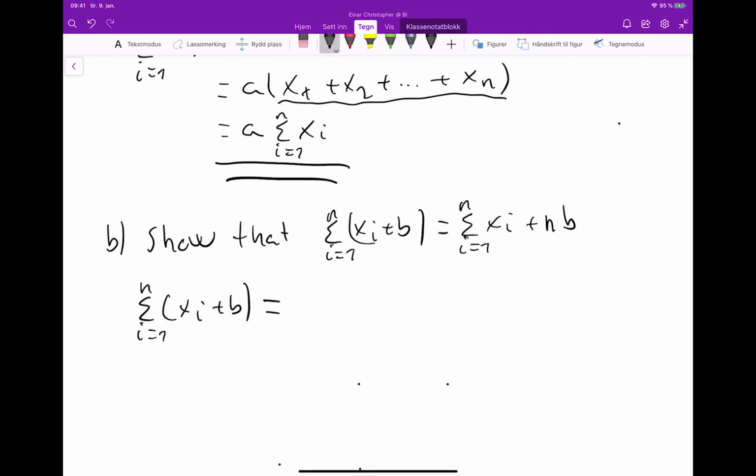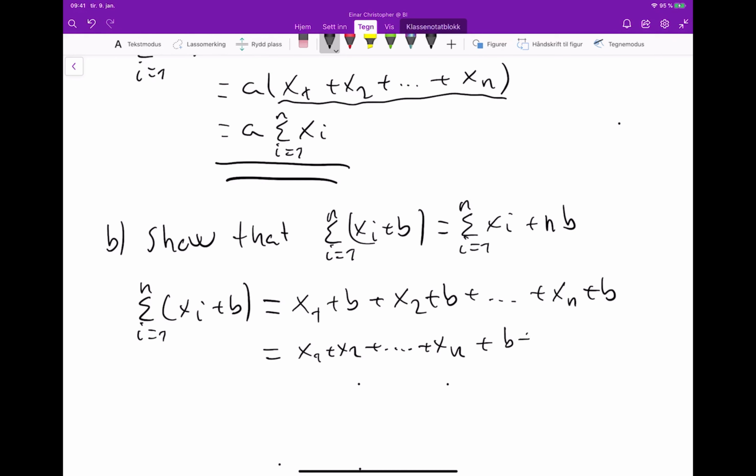And we can expand this and write x1 plus b. That's when i is equal 1. But then we're going to let i be 2. Then we have to write plus x2 plus b this time. And then it's x3 plus b, and so on, until we get the last one, xn plus b. And rearrange this, we get x1 plus x2 plus ... plus xn plus b plus ... plus b.